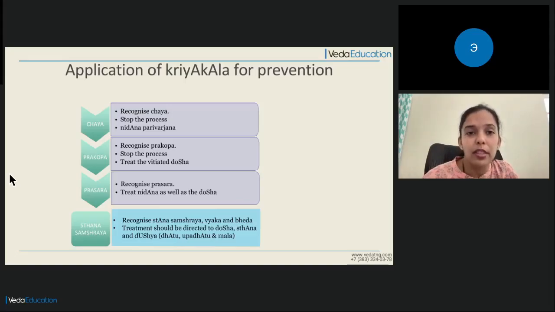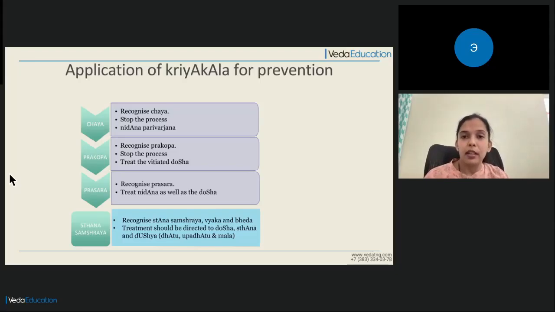If there is a previous ache, then it flares up. That is the stage where the doshas have moved out of the place of their initial vitiation, and are now moving all over the body and lodging into different places.